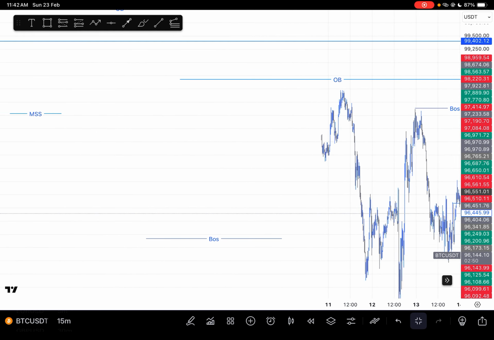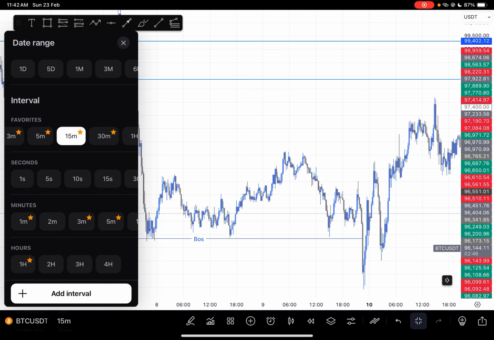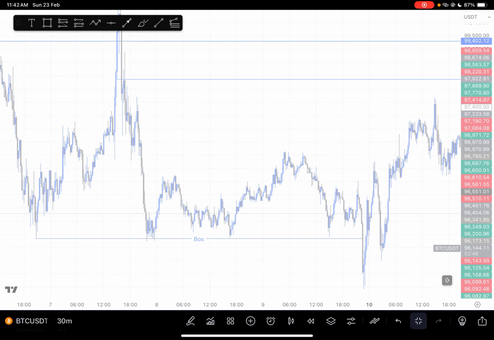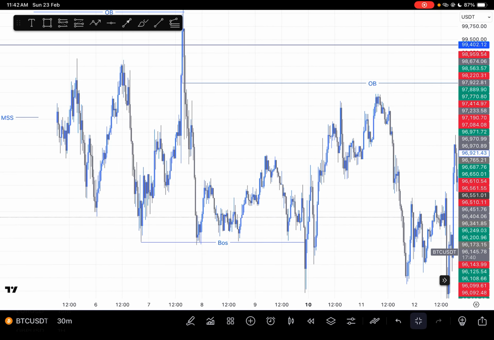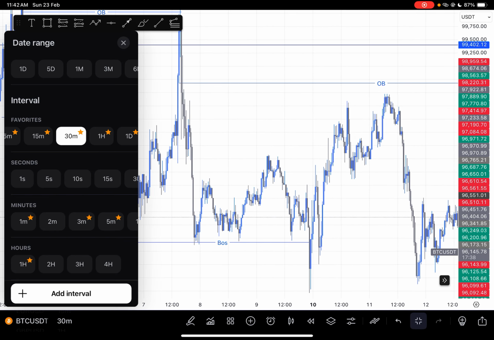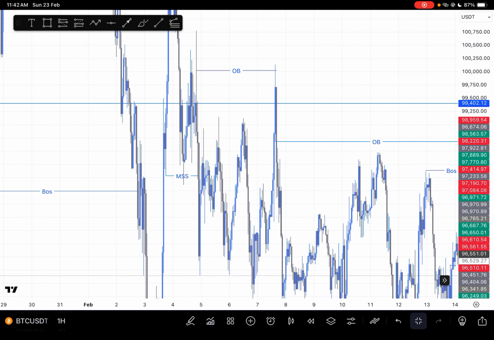So now from this time frame, we go to the 30-minute time frame. I think I took this trade on the higher time frame. Okay, the 1 hour. You can see I always use multiple time frames when taking trades.